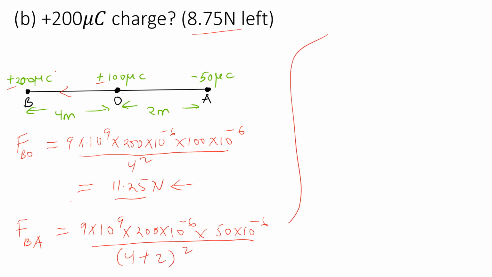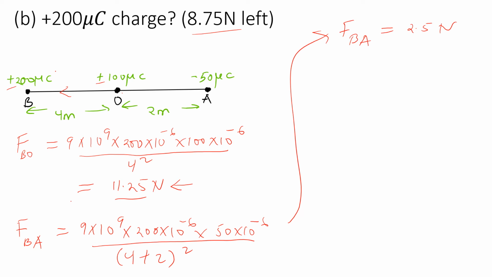So this leads us to an answer: F_BA is going to be 2.5 newtons. Let's see where it is going.